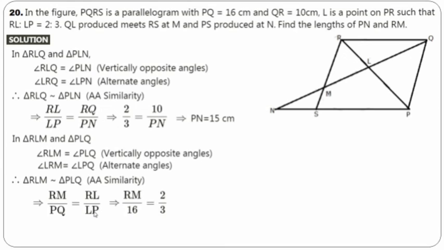Now RL by LP is 2/3. Bring this out here, so you get 32/3. Now convert this into a mixed fraction. You get your answer to be 10 and 2/3 centimeter. So you may pause the video and note down your solution. Thank you very much.